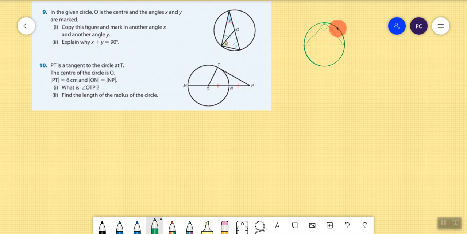No matter where I put this point, if I draw a line from here to here, it's always going to form a 90-degree angle.